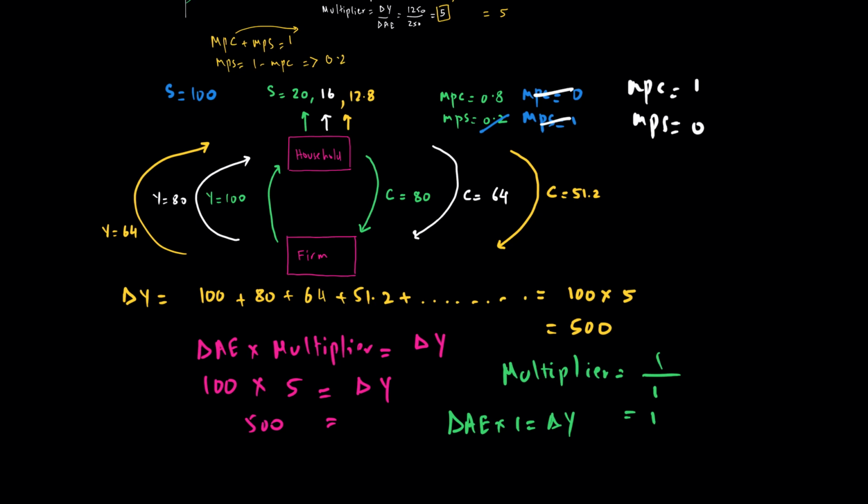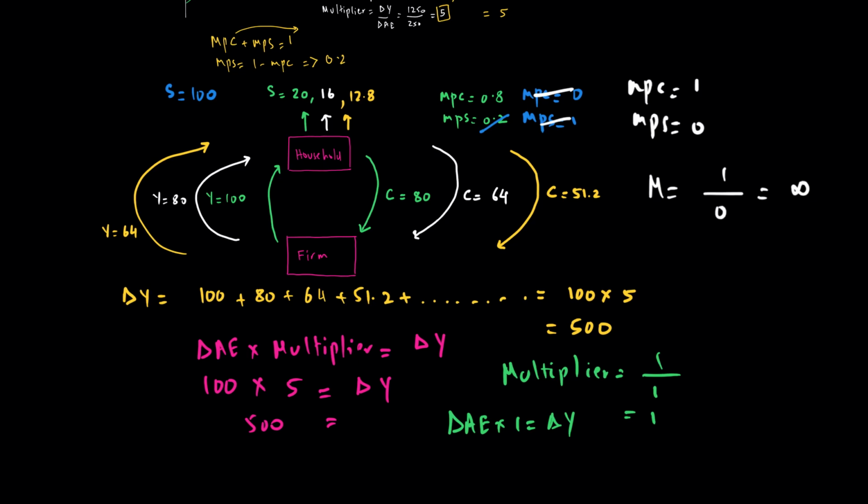When MPS is 0, then the multiplier will become 1 over 0, which is equal to infinity, which would mean the economy is not withdrawing anything. If 100 goes from firm to household, 100 will come back, and this process keeps on going on and on, and we will have a GDP that will grow infinitely.